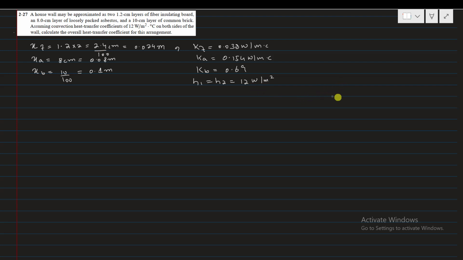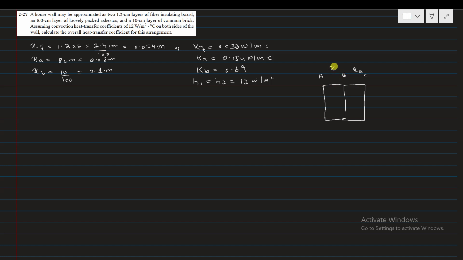Okay, so let's say this is the wall whose first layer, that is A to B, is made of fiber insulating board. Then the second layer, B to C, is of asbestos, that is XA.